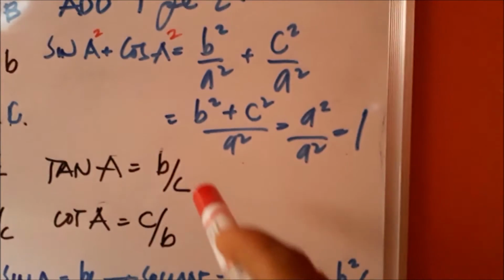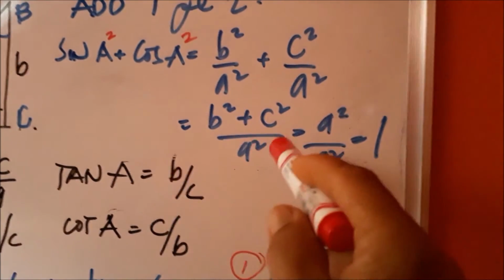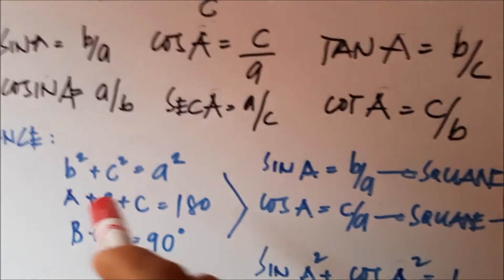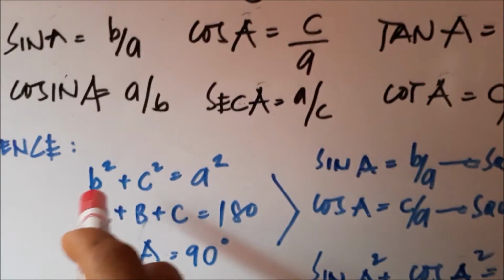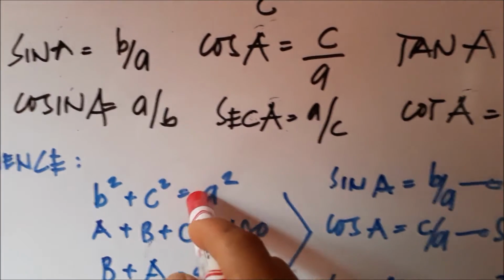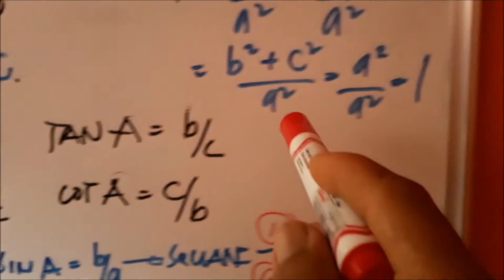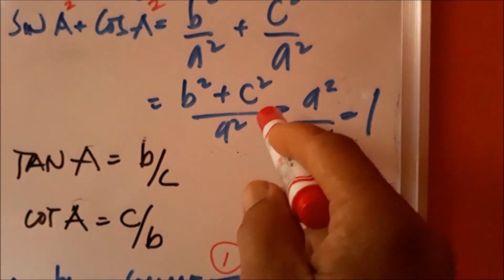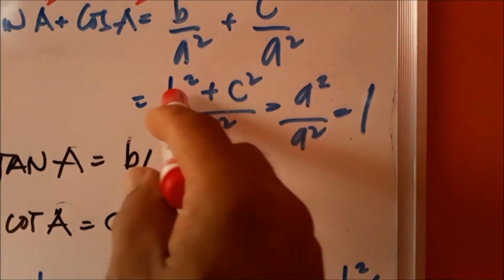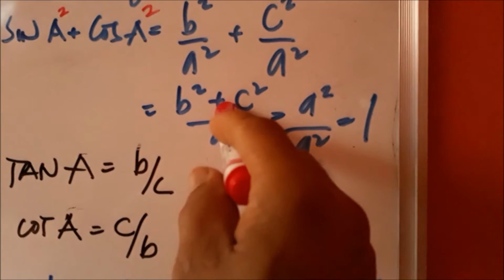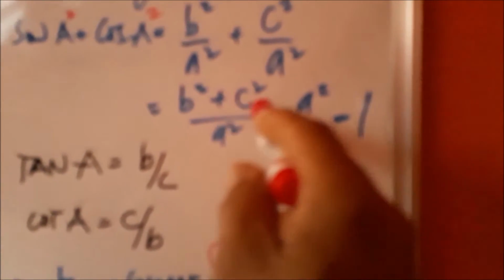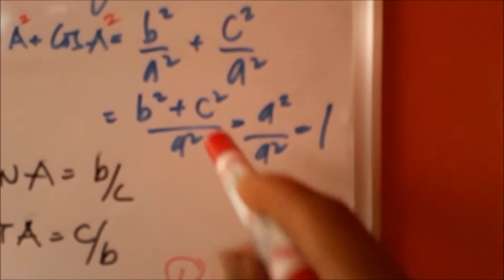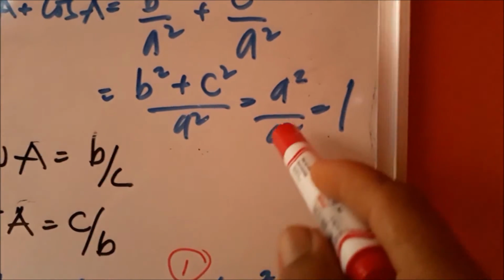Since B squared plus C squared equals A squared, we put A squared here over A squared.